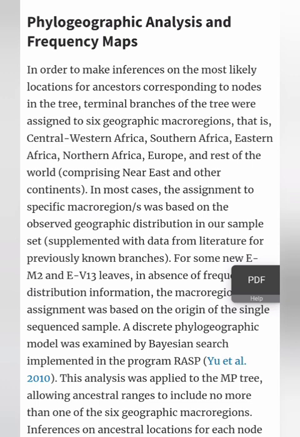For the 7 populations from Tanzania, we approximated the frequency of EV1515 subhaplogroup other than EM293 based on paragroup EM35.